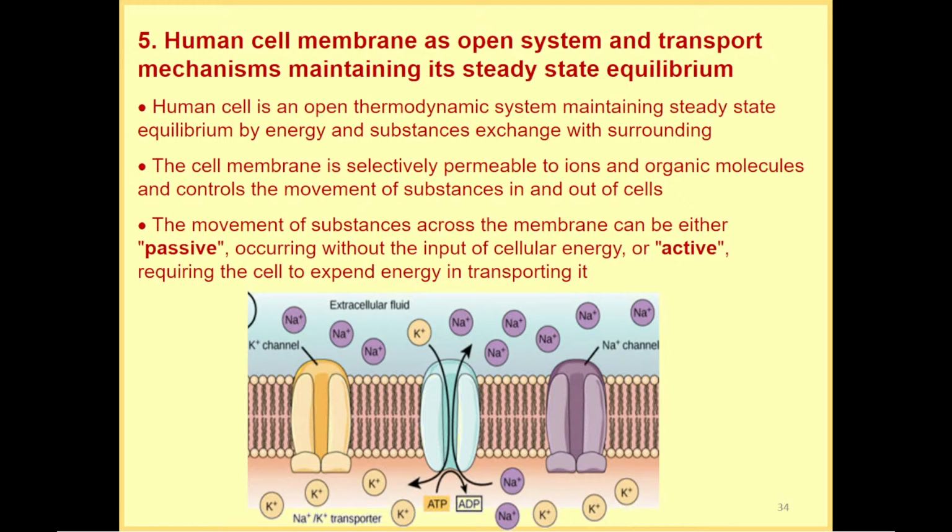The cell membrane is selectively permeable to ions and organic molecules and controls the movement of substances in and out of the cell.